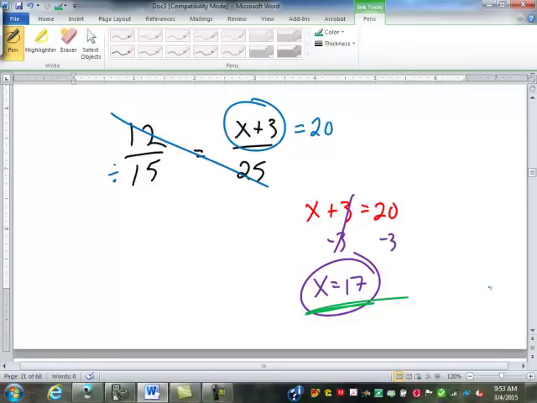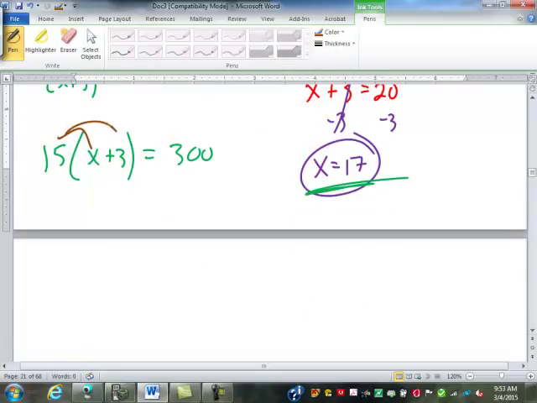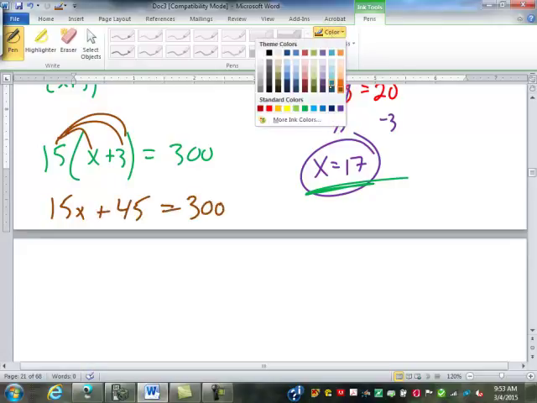The other way you could have done it is 12 times 25 is 300. And this way you've got 15 times the x plus 3. So you've got 15 times x plus 3 equals 300. Then you would distribute the 15. 15 times x is 15x. 15 times 3 is 45 equals 300.